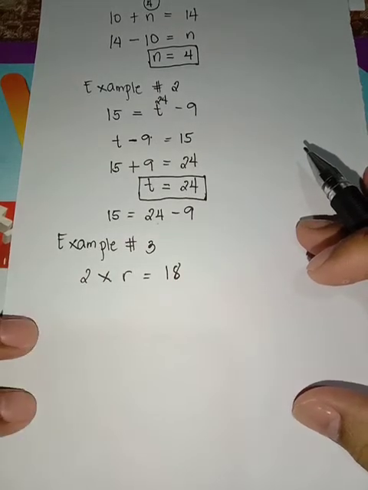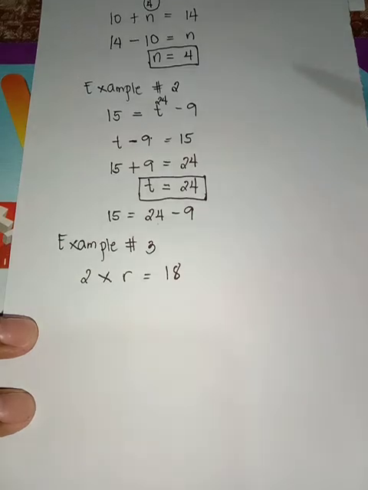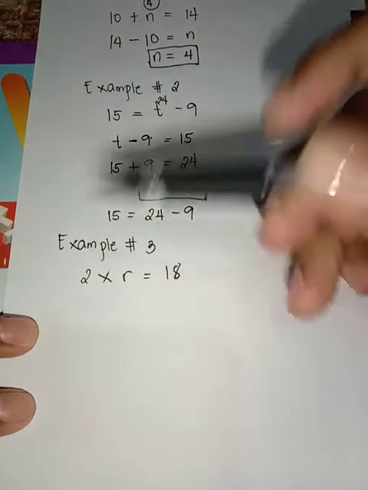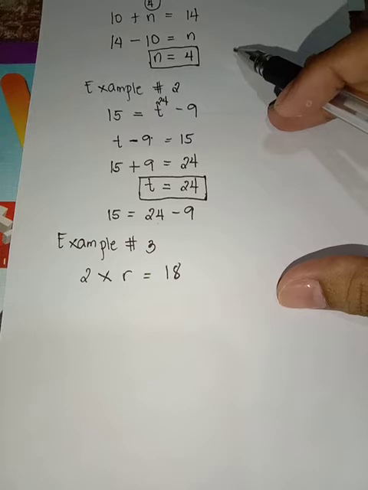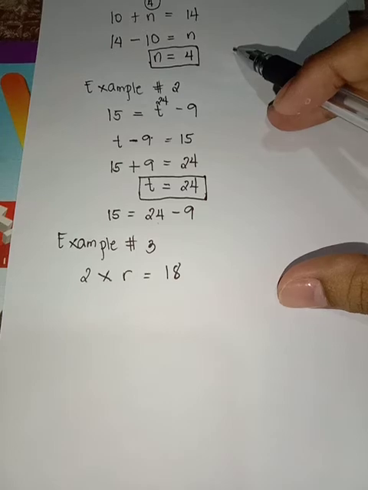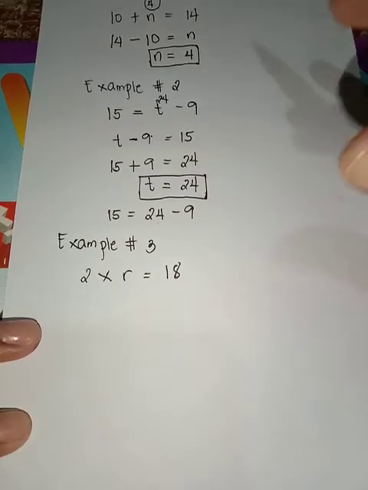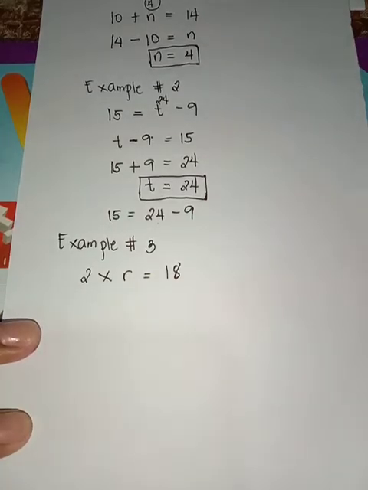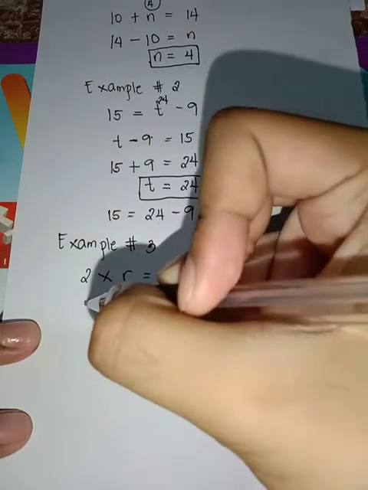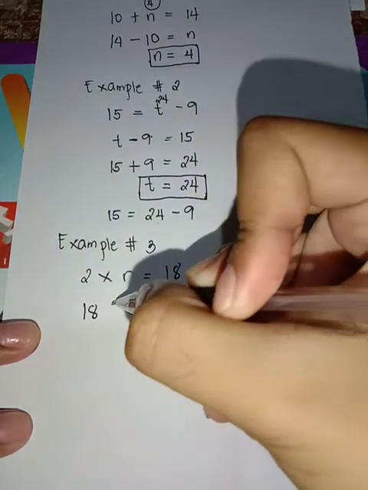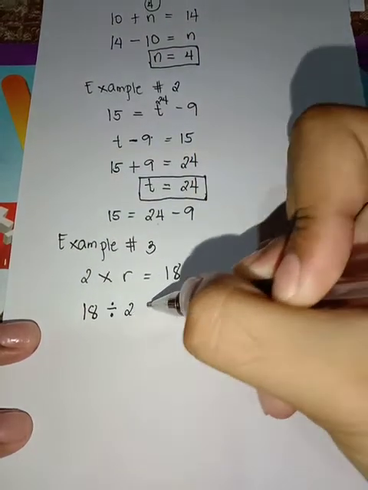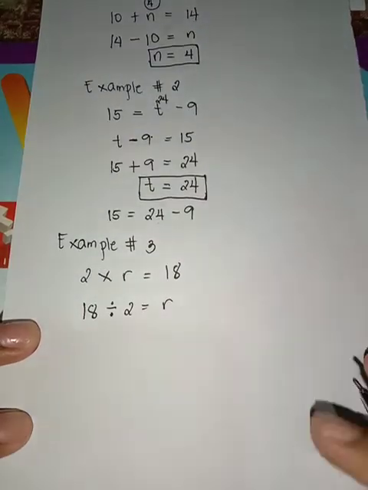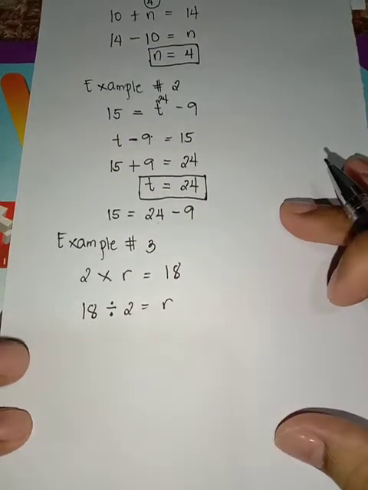You have learned that the inverse operation of multiplication is division. So therefore gagamit tayo dito ng division to solve the missing factor or missing number. If we will rewrite this, 18 divided by 2 is equals to r. So ganyan, nire-write natin siya.